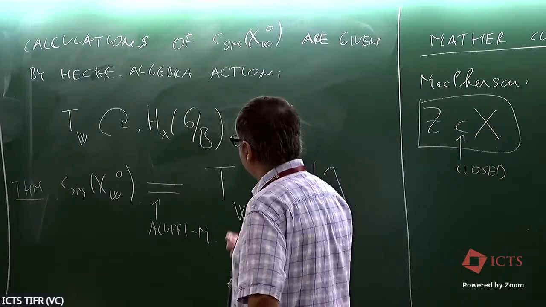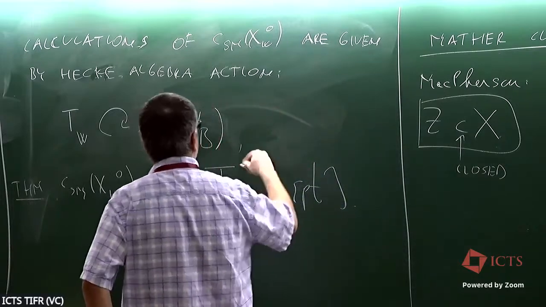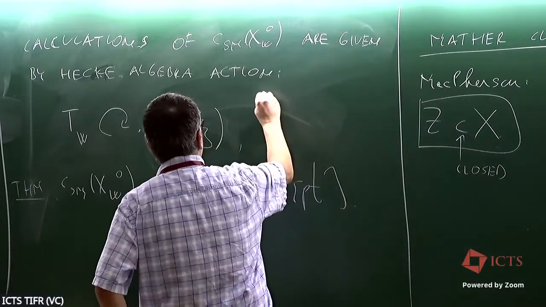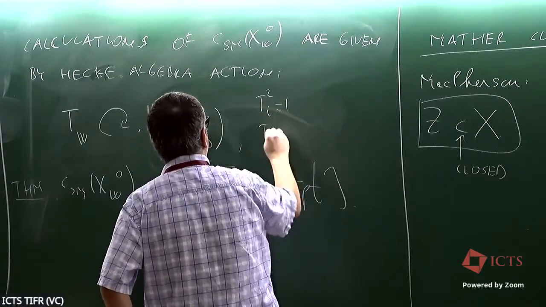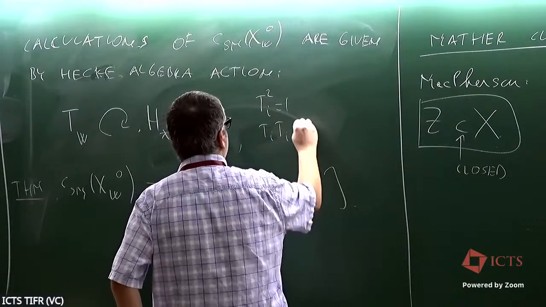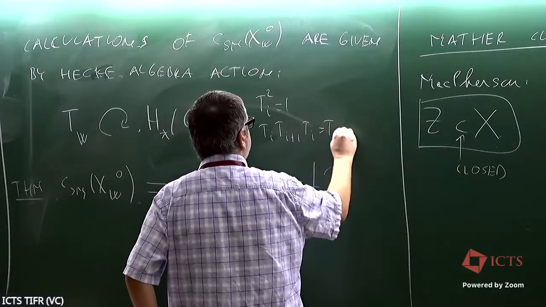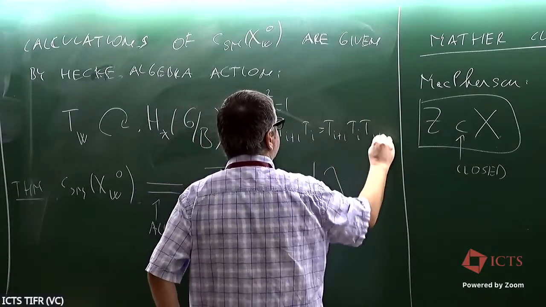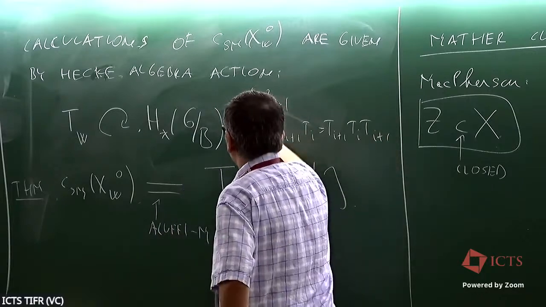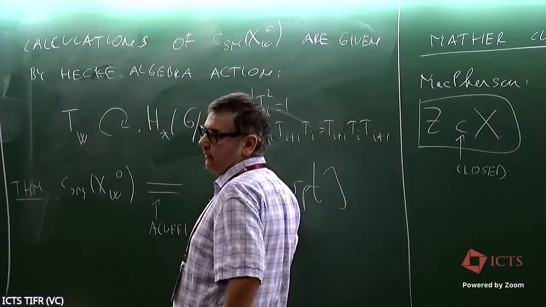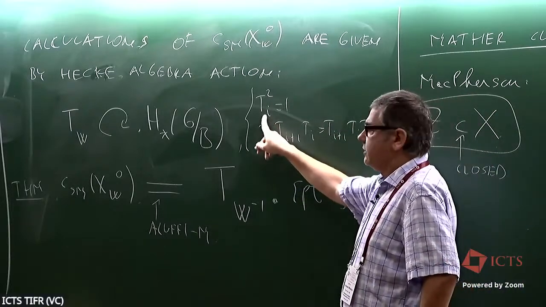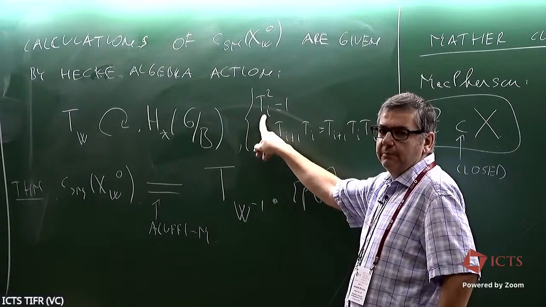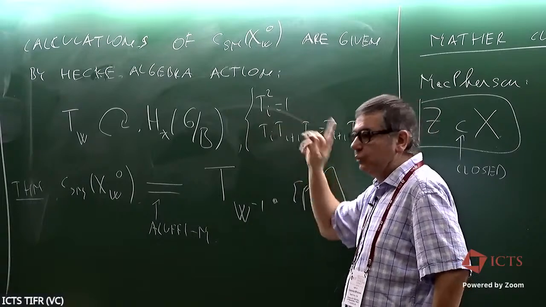So what Hecke algebra am I considering here? I'm considering a particular degenerate Hecke algebra, which satisfies these relations: T_i squared is equal to 1, and T_i T_{i+1} T_i is equal to T_{i+1} T_i T_{i+1}. This is the type A story, but there is an analogue of this for all types. This may look a bit suspicious because they look like the relations in the Weyl group. But this is a twisted action, in fact.